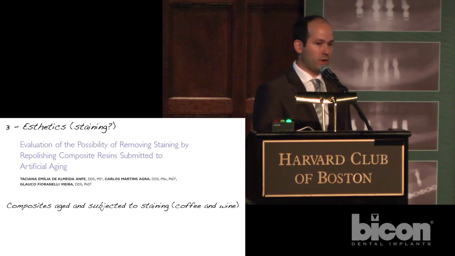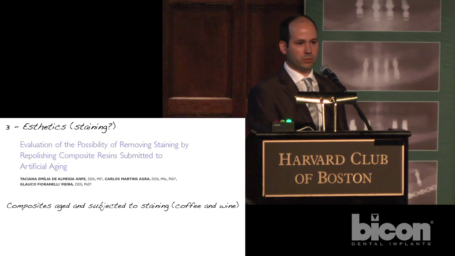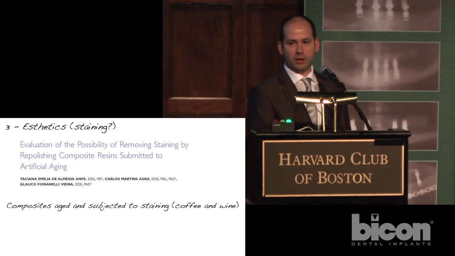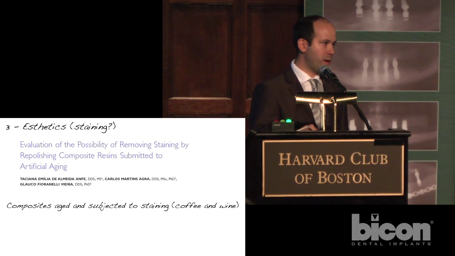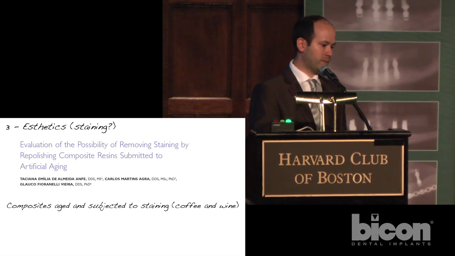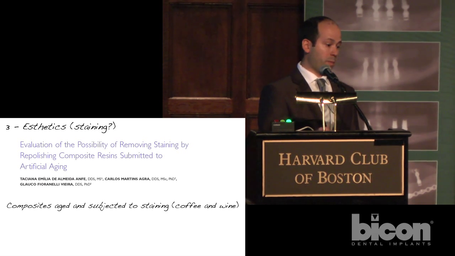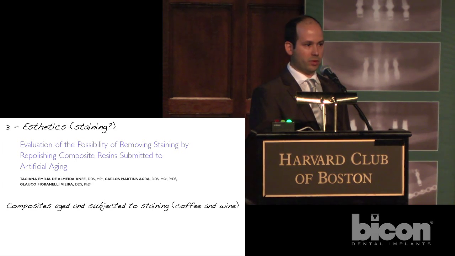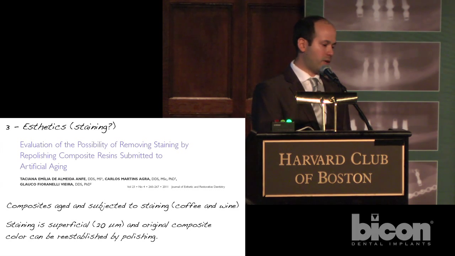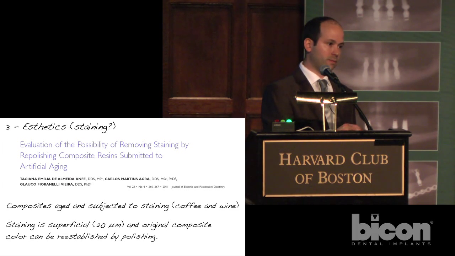And going to the third question, we're also not going to spend much time on this because you see from clinical examples several composites being used over 5 or 10 years. But just to show you a scientific study of composites that were aged and subjected to staining in coffee and wine, which is the most aggressive type of staining that could happen to a composite, these authors found that staining is superficial, only 20 microns of the surface.